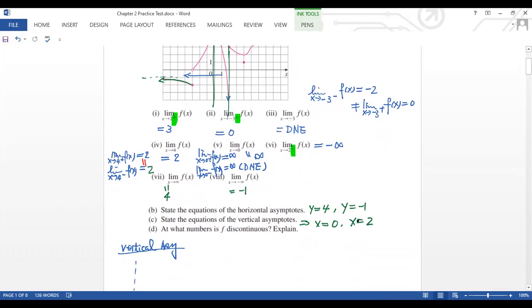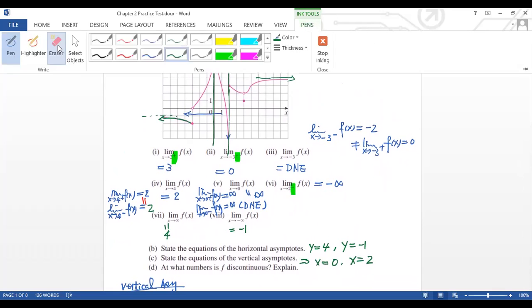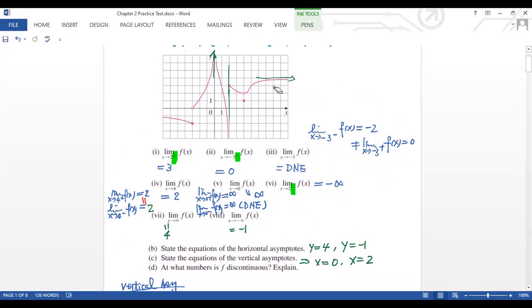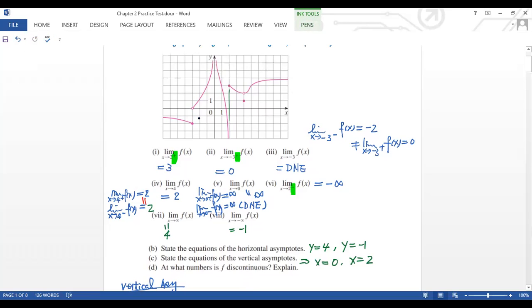Okay, so then the next thing they ask is, what numbers are discontinuous? Let me erase here so we can have a clear graph to see. Obviously this point is discontinuous, right? Because I have a jump here.